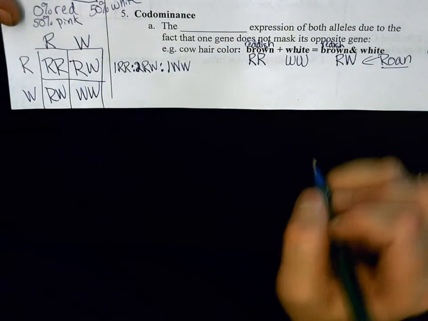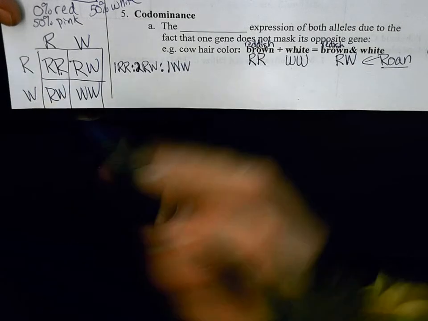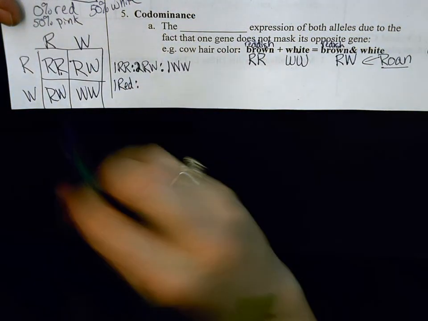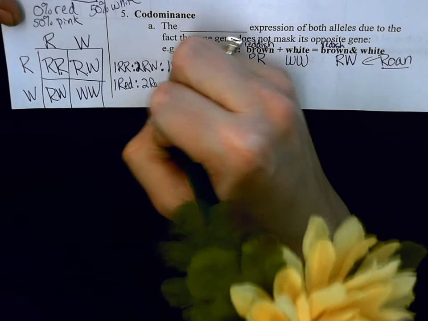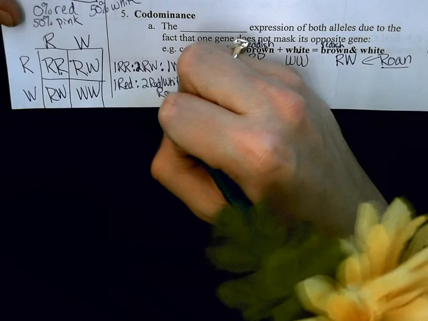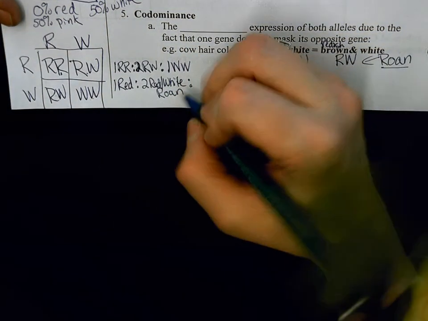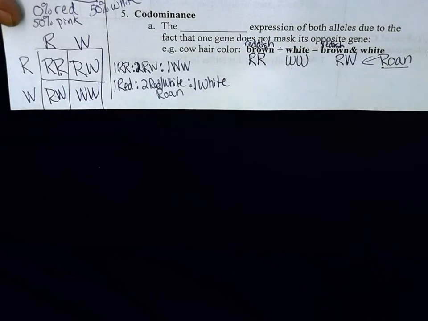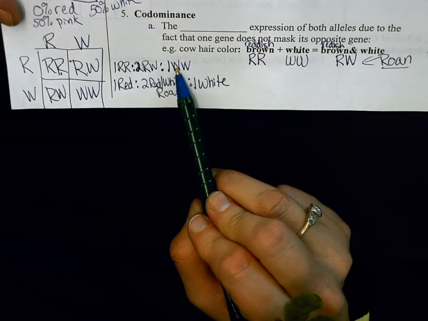And then if I wanted the phenotypic ratio, I would say, okay, this cow has only big R's, so 1 red-brown haired cow, all red hair, to these both would have 2 red and white haired cows, or roan. And then this cow that inherited the WW would be 1 cow that has complete white hair. So the genotypic ratio is 1 to 2 to 1, and the phenotypic ratio is 1 to 2 to 1.